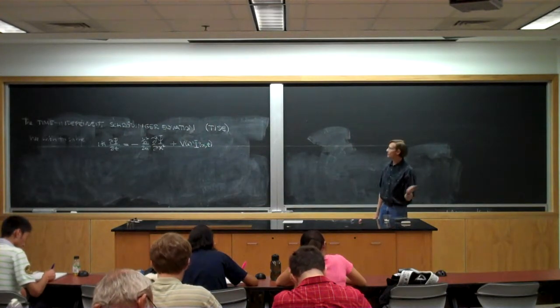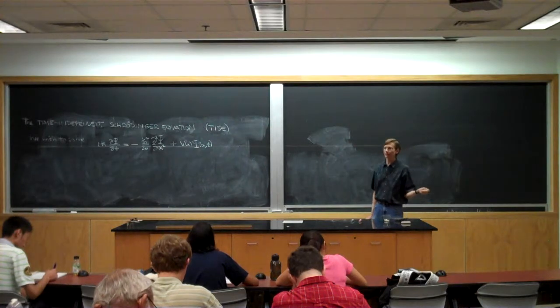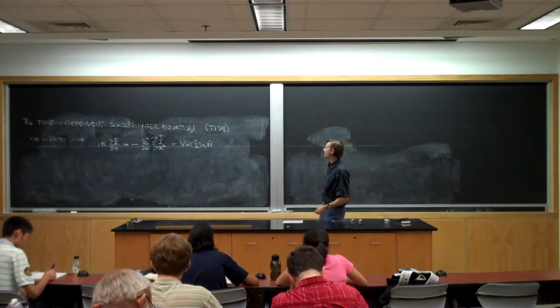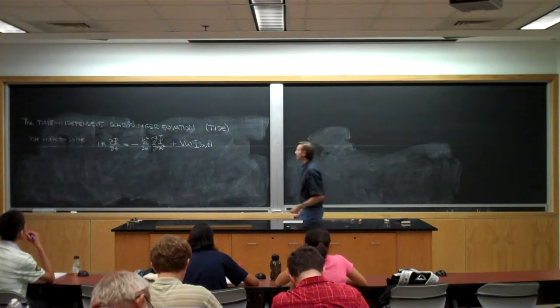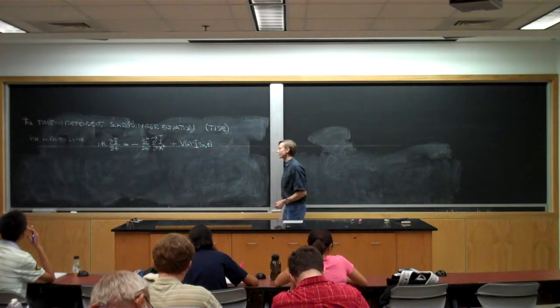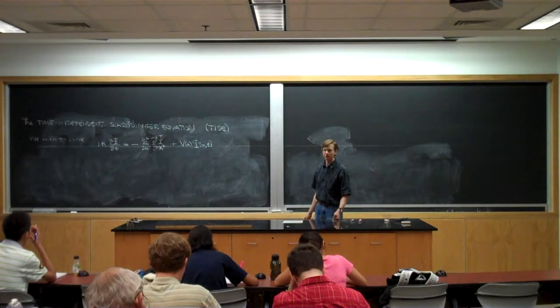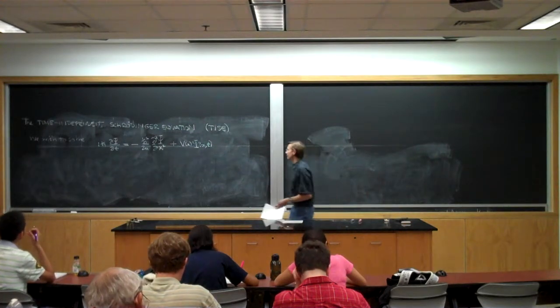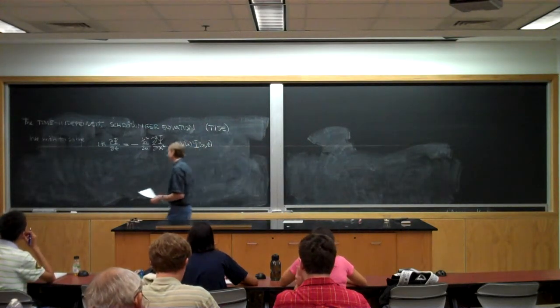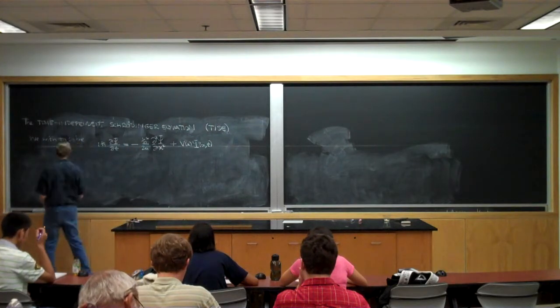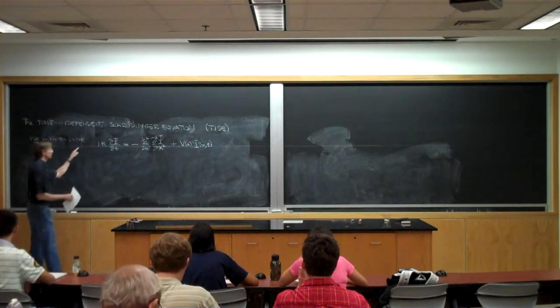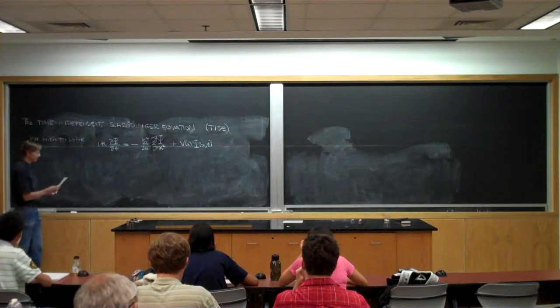So we're assuming V is independent of time. In general, V could depend on time, but in many problems V is time independent, and so we'll assume that here. In fact, if V is not time independent, then there's no point in trying to make the time-independent Schrodinger equation. We want a spatial only dependence for V. So we want to solve that equation right there.